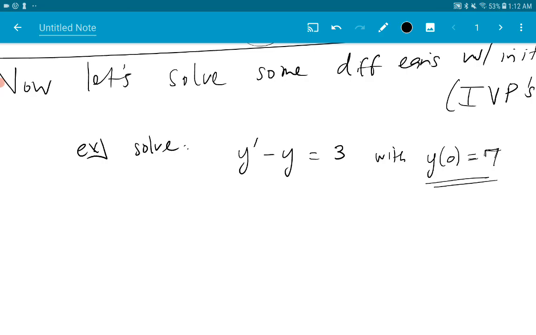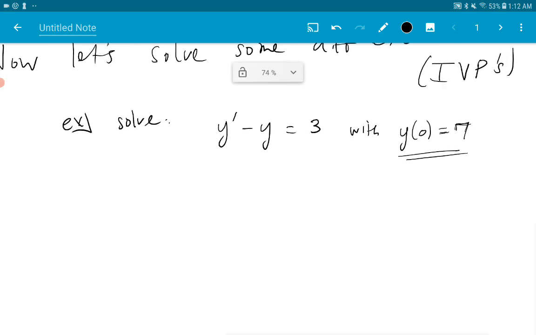By the way, this is a problem you could do using an older technique in our class. I think you could do an integrating factor here, and it would work, or because it's linear and non-homogeneous, you could guess at a solution, yp, and do yc plus yp. Hopefully you remember that. You're going to have to do that in the final, but we're not going to do it that way. We're going to use Laplace transforms.